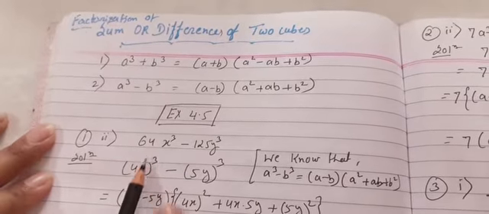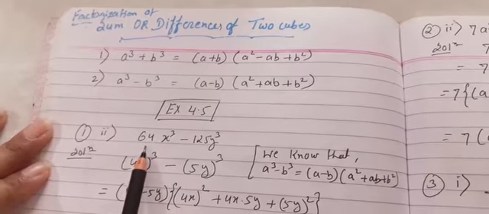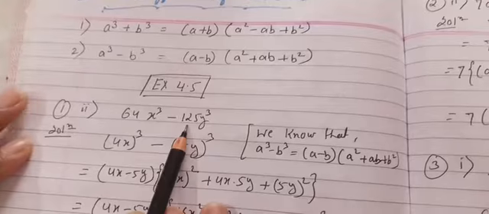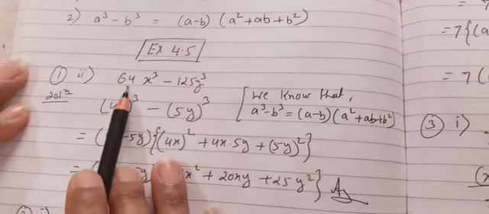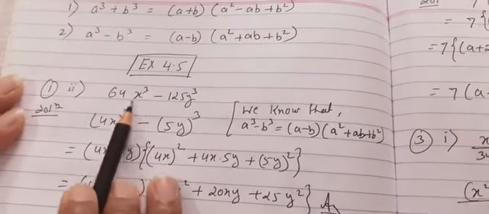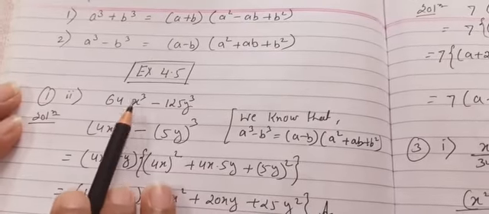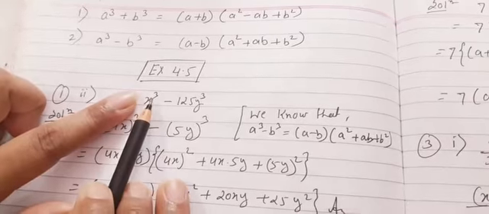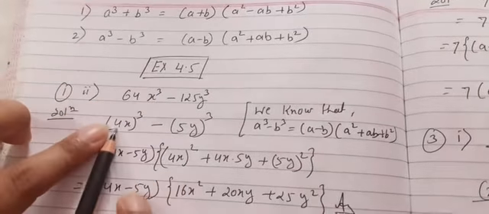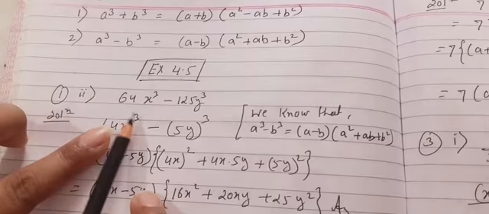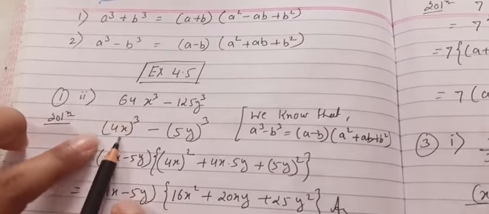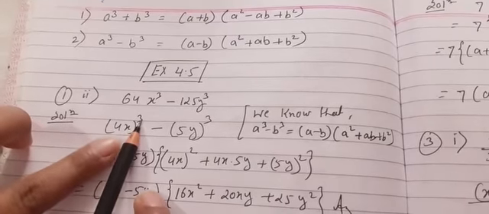So this is the first question, in which it is given 64x cube minus 125y cube, and we have to factorize it. As I saw it, I tried to make each number a cube, because 64 is not in cubic form right now. So what I did, I have written 4x whole cube, because 4 into 4 is 16, and 16 4s are 64.